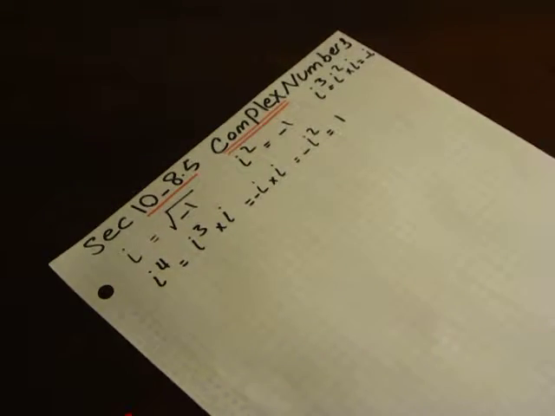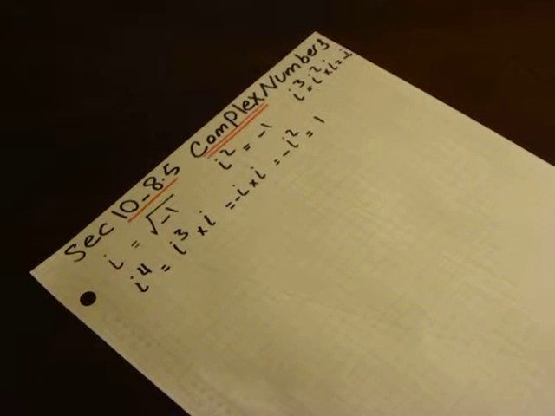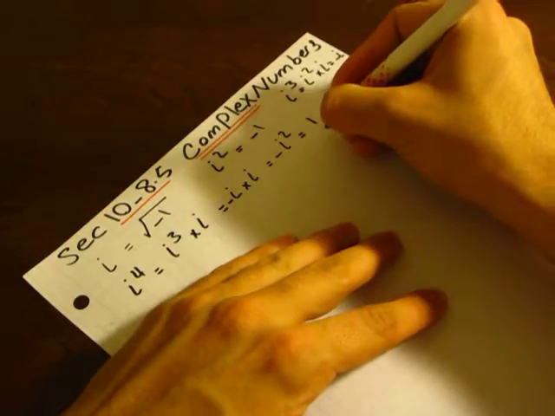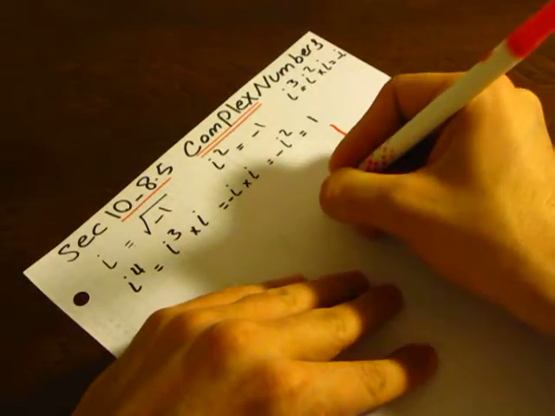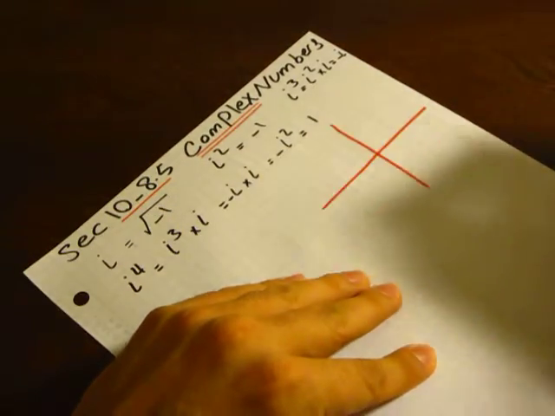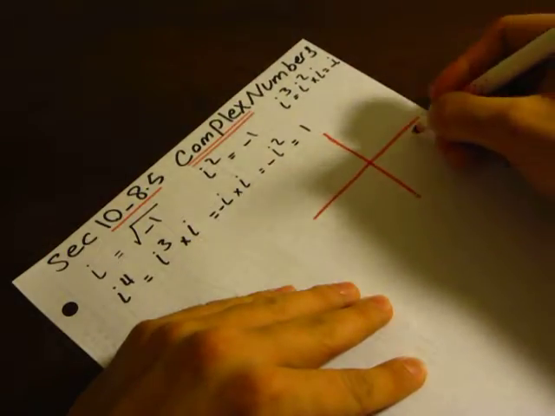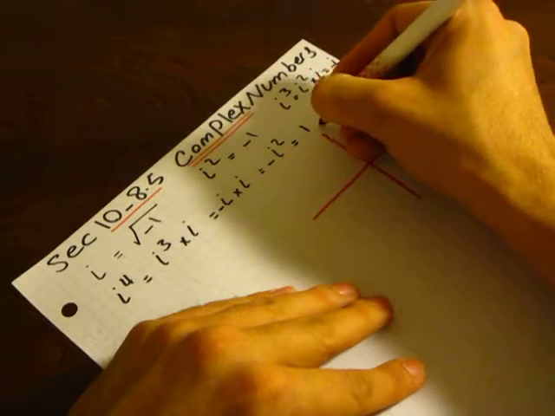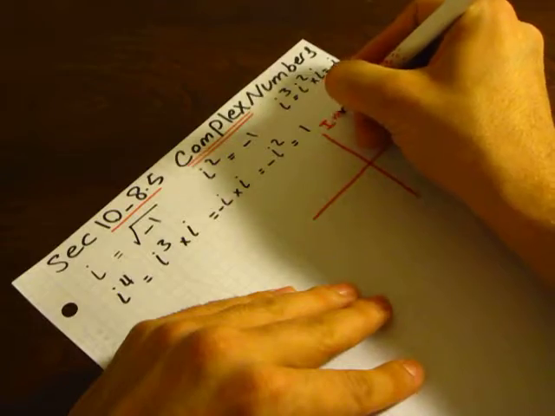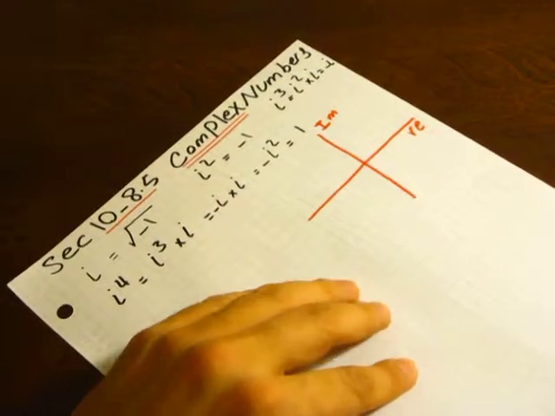Let's take a look at the graphical representation of imaginary numbers. I'm going to use a pretty similar coordinate system, but the only difference is this is my real number axis and this is my imaginary number axis.